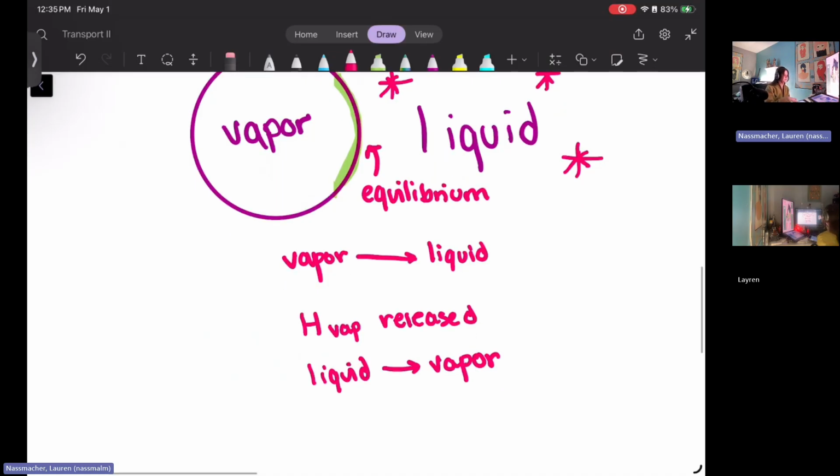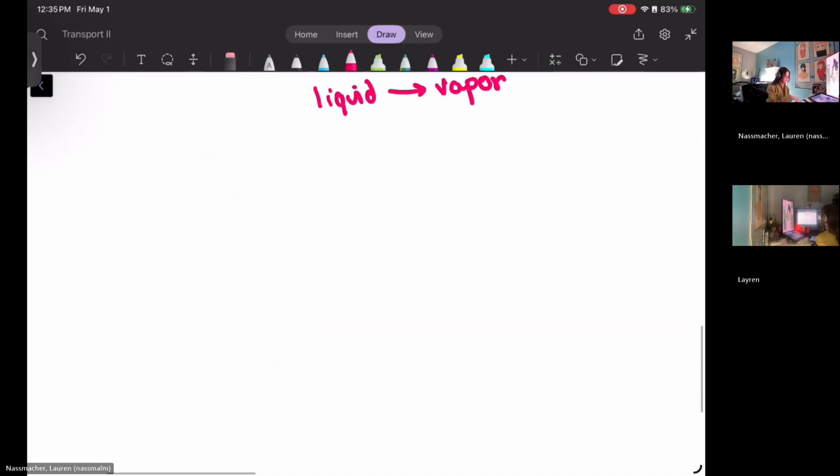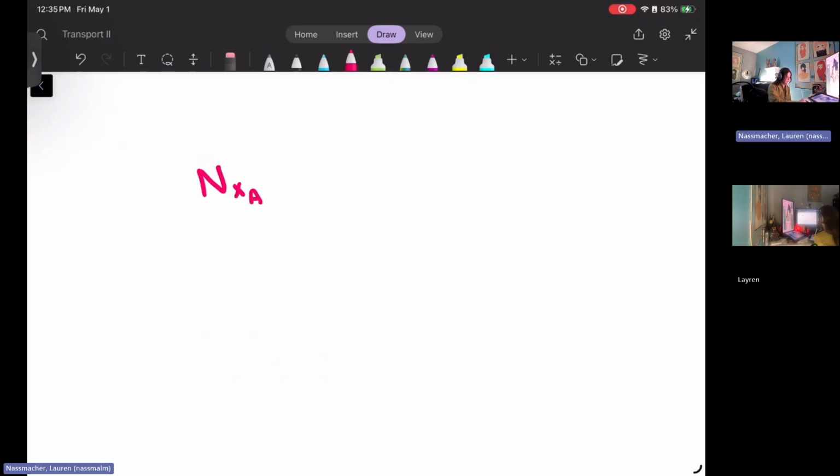With this knowledge, we can write an equation. We have our molar flux of our liquid phase of component A, and we're going to multiply it by our change in enthalpy of vaporization, that's going to be your vaporization energy.